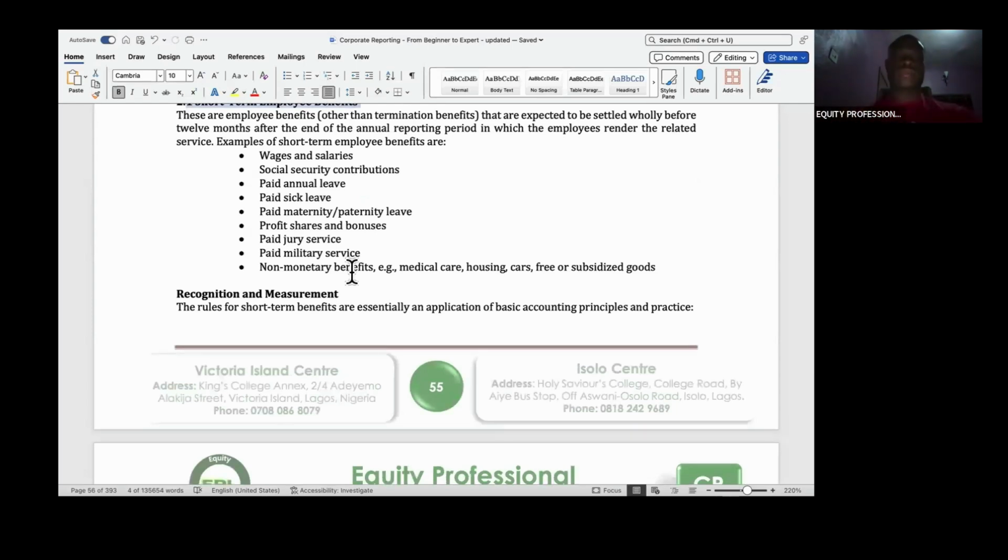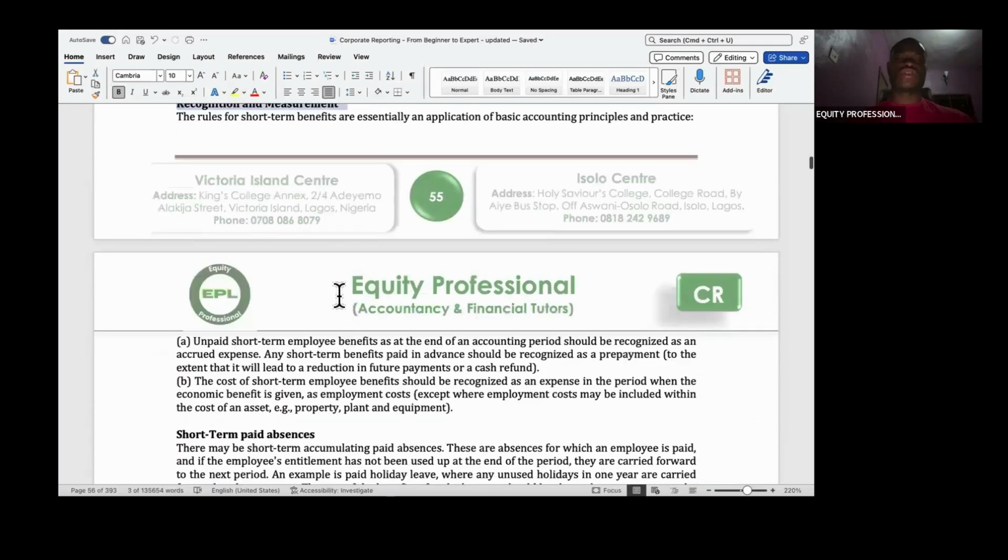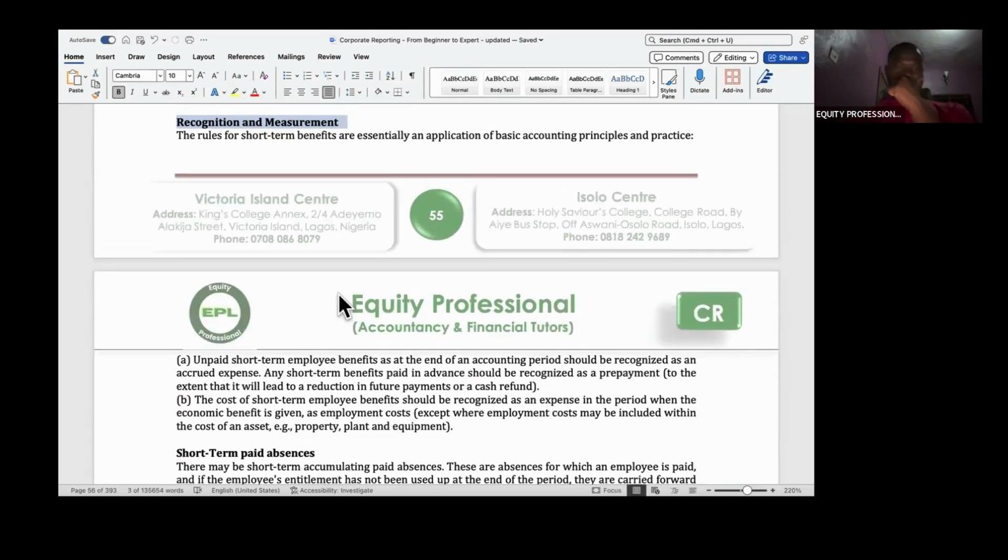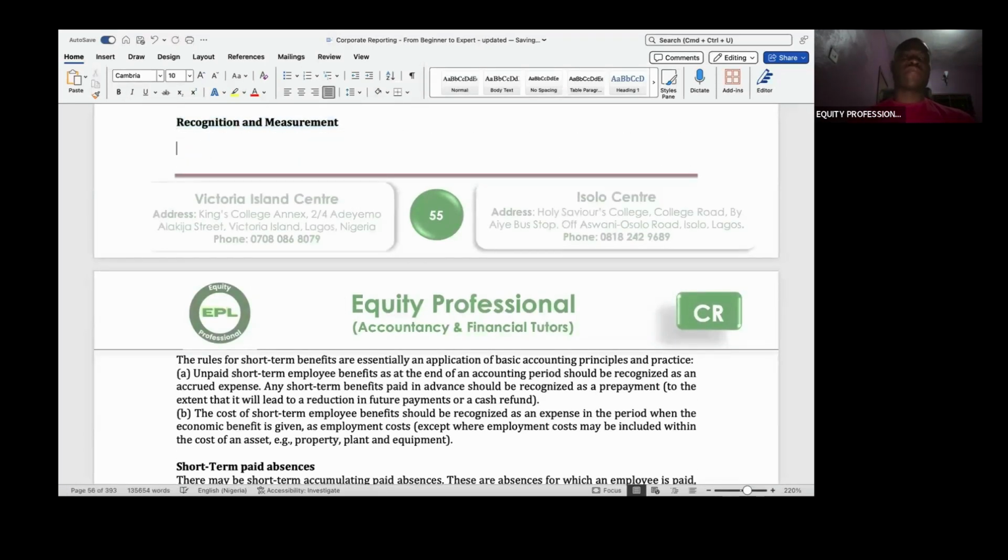So how do we recognize and measure short-term employee benefits? That is, how do you account for it? Very straightforward. You see, for short-term benefits, in this part of the world, in Nigeria, the popular one is salaries.